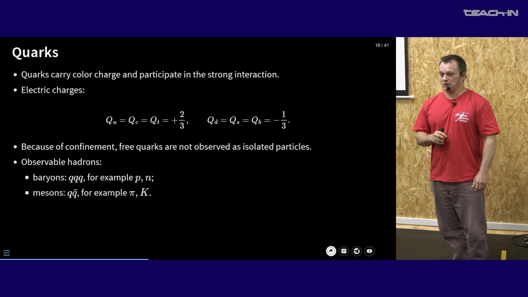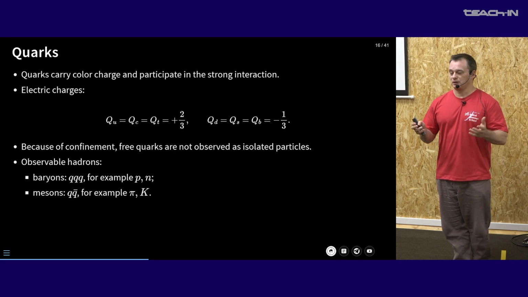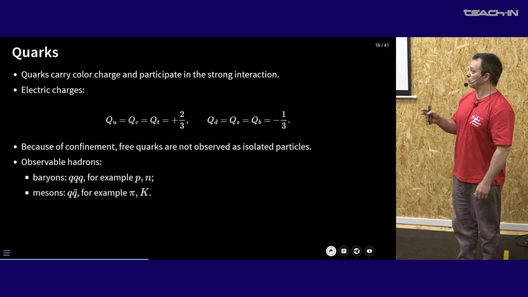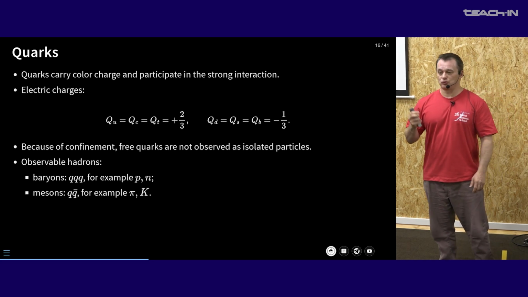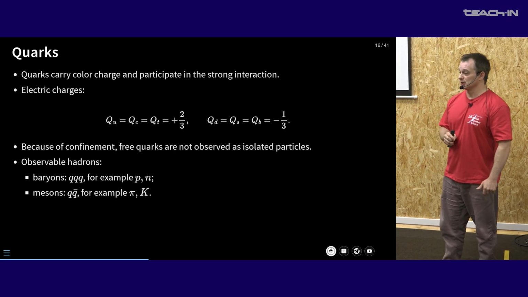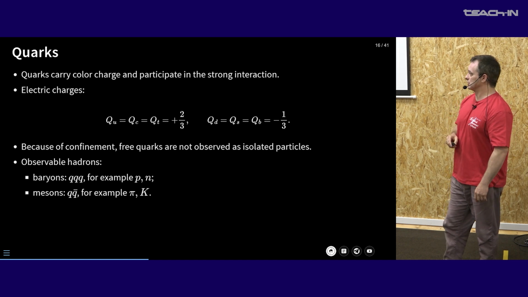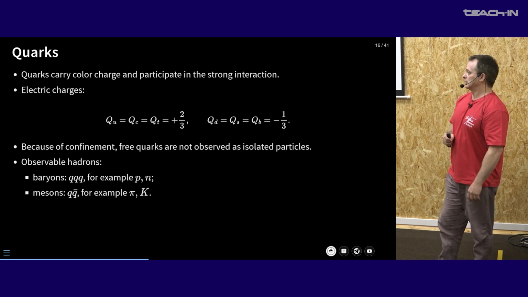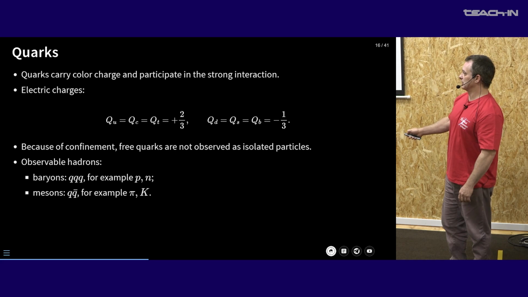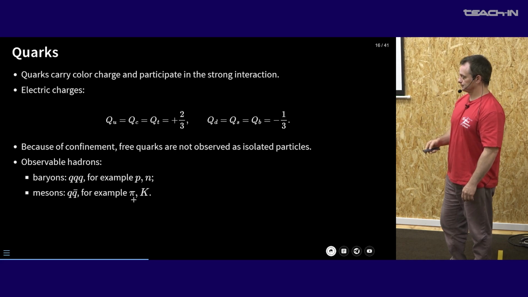The typical bound states, which we all find in nature, consist of three quarks, and known examples are the proton, neutron, lambda hyperon, or some other sigma hyperon. Another family consists of a quark and an antiquark, and these are known as mesons. Examples are the pion and kaon.